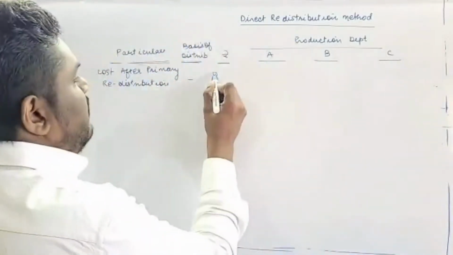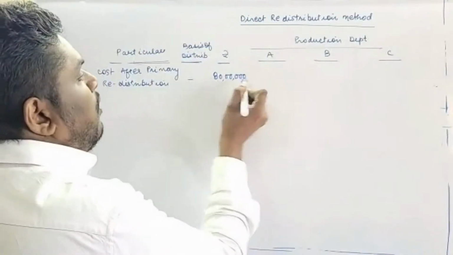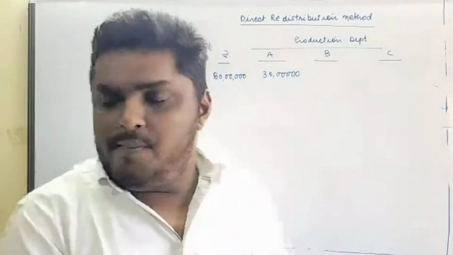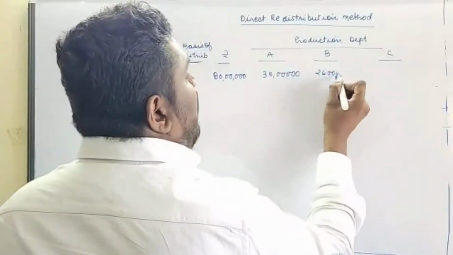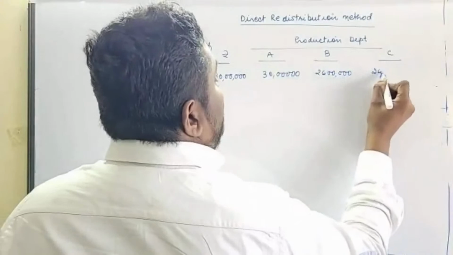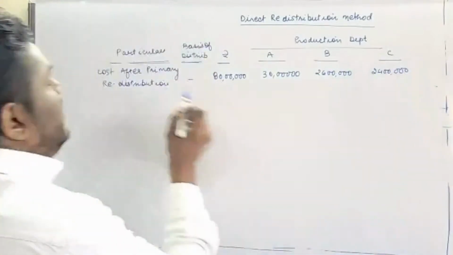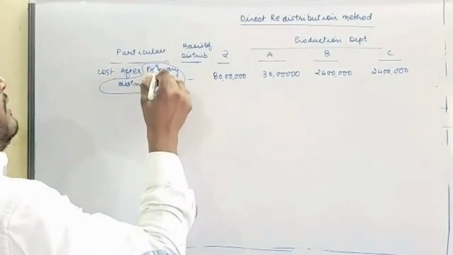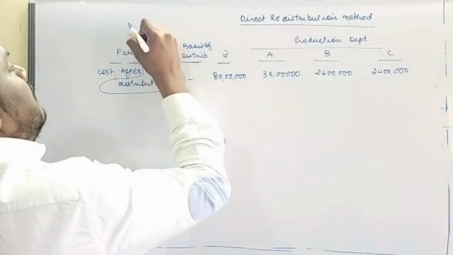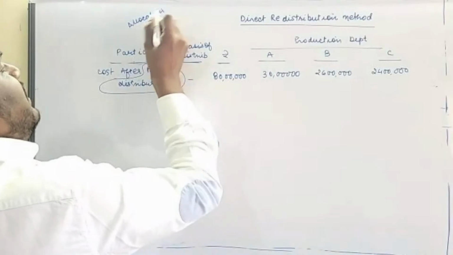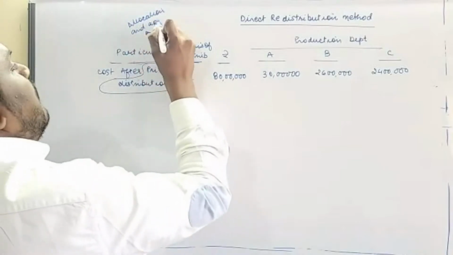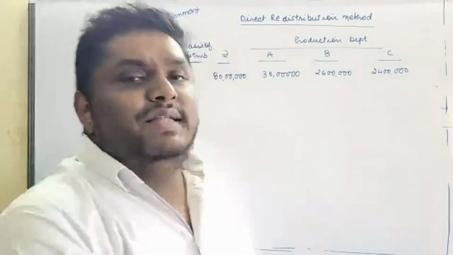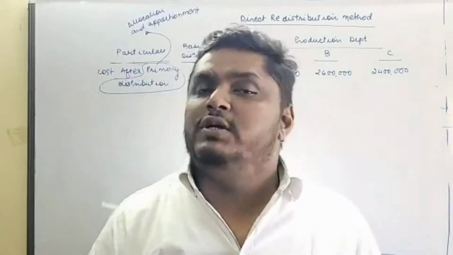The total is 80 lakh. When talking about what is primary distribution, that is allocation and apportionment. So these are the overheads that are specifically allocated or apportioned to the production departments.